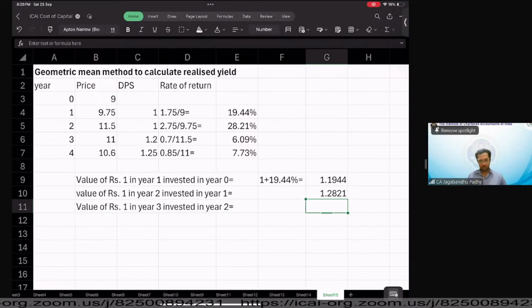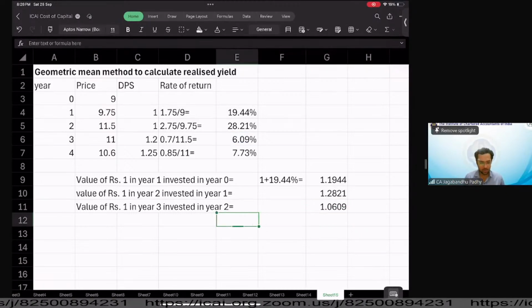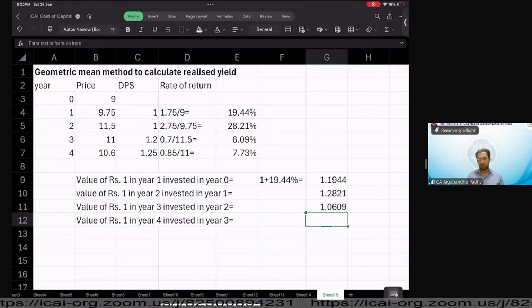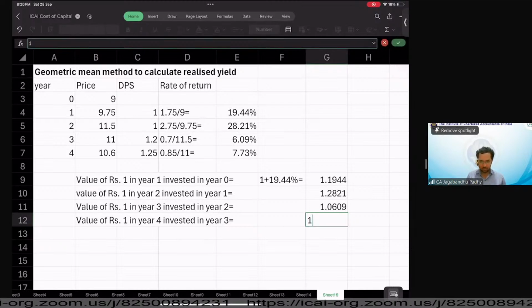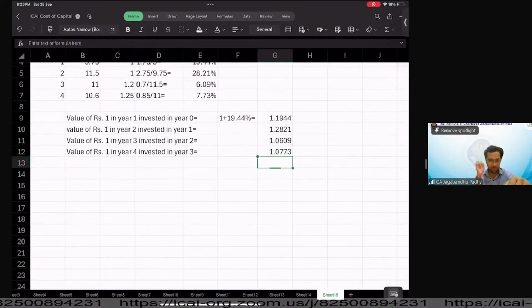What will be the value of 1 rupee in year 3, which was invested in year 2? It will be 1 plus this 6.09%, 1.0609. And in year 4, when invested in year 3, it is 1 plus 7.73%, 1.0773. Correct? Now, please observe this chart properly.